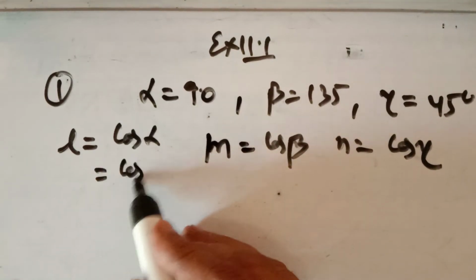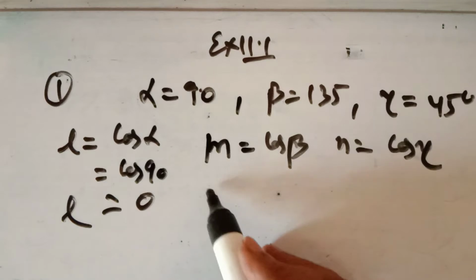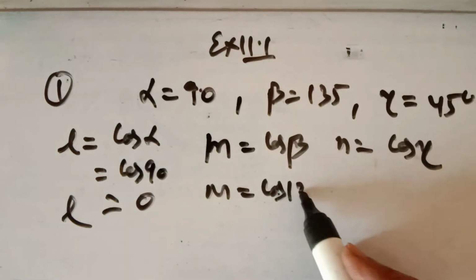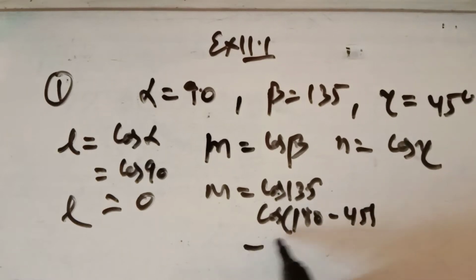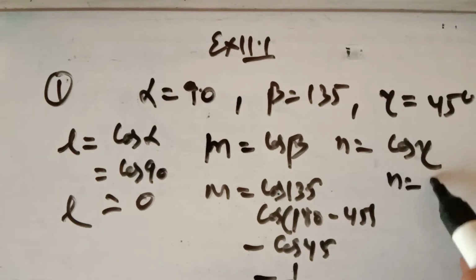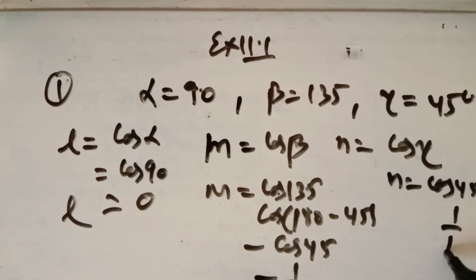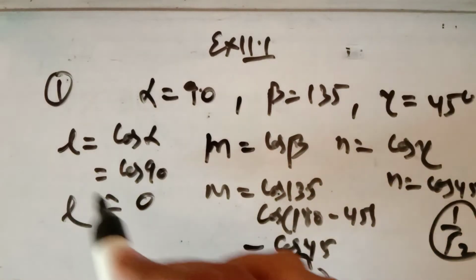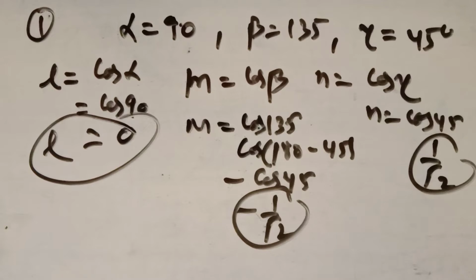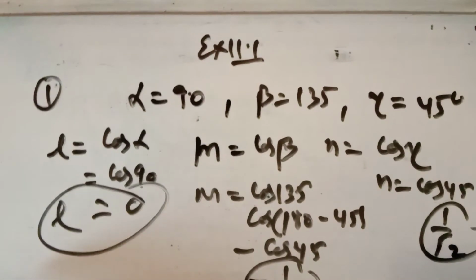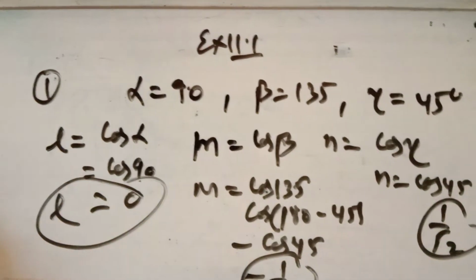So cos 90 is 0, so l is equal to 0. Cos 135, you can take 180 minus 45, is minus cos 45, which is equal to minus 1 upon root 2, and n is equal to cos 45, which is equal to 1 upon root 2. So these are the direction cosines of the line which makes angles of 90, 135 and 45 degrees with the x-axis, y-axis and z-axis. This is question number 1 of your exercise 11.1.